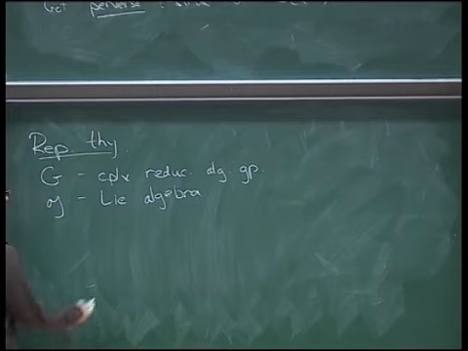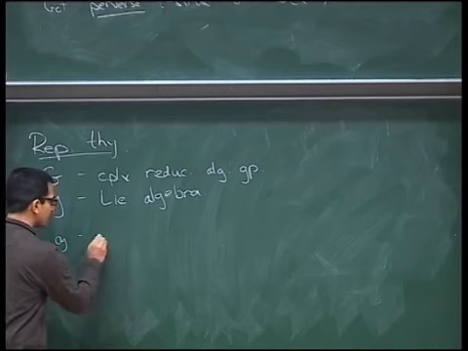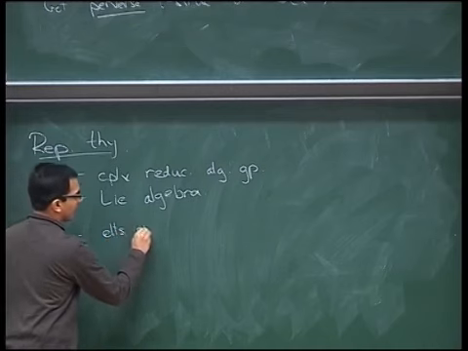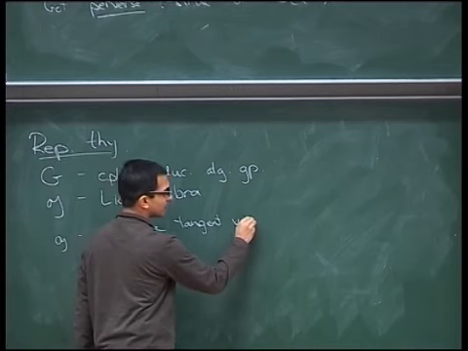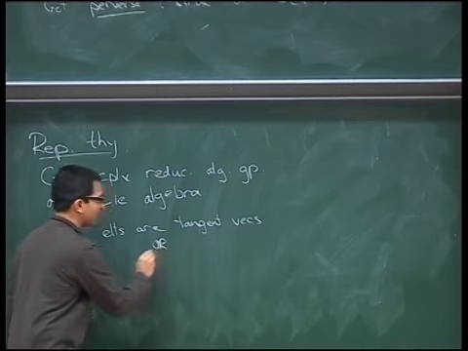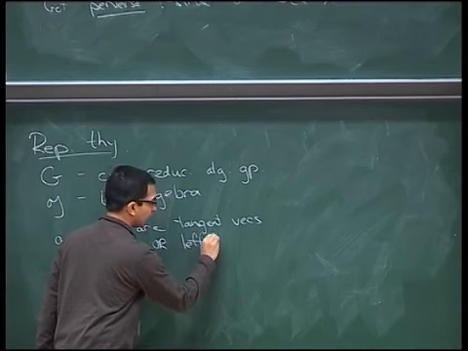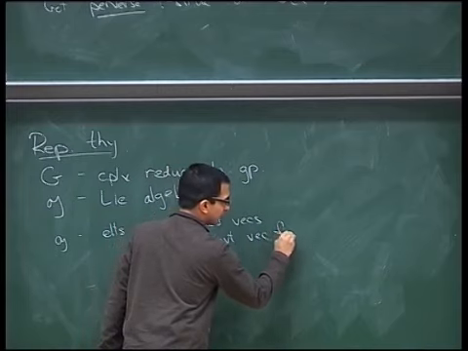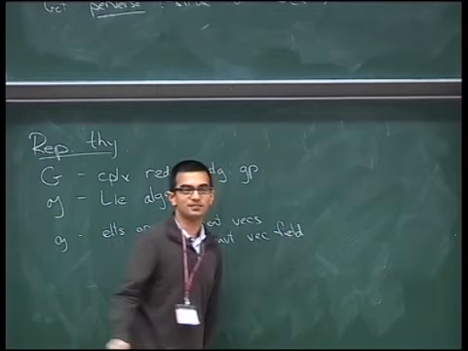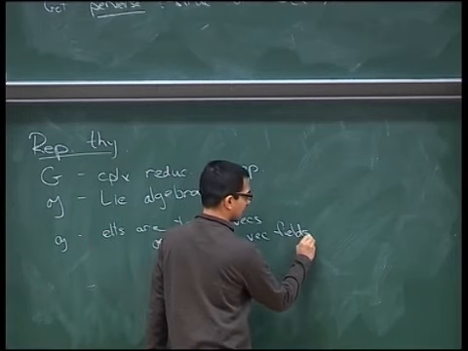And the first thing you can say is that, well, what are elements of the Lie algebra? Elements are tangent vectors, or maybe they're left invariant vector fields on the group. And, well, vector fields are things that act on functions as differential operators.